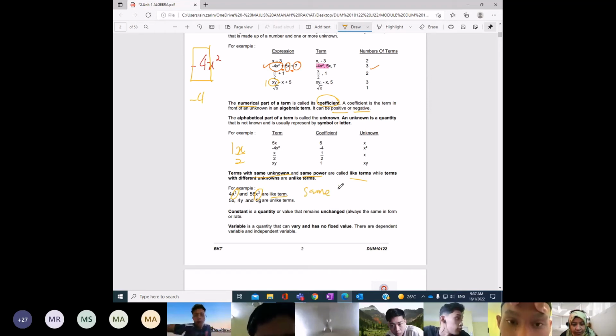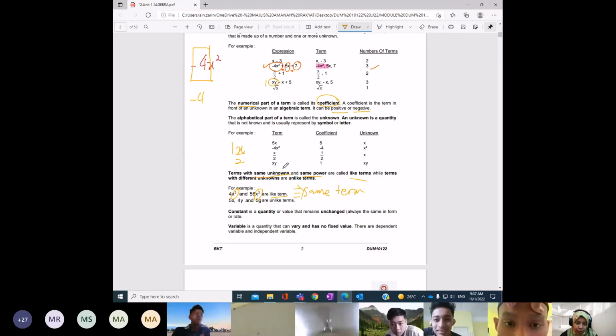Okay, another word for like term is same term. Tapi kita tak guna this word lah. I just want to make it familiar to you. I just want you to understand that like terms adalah same term. Same term maknanya nampak macam sama tapi sebenarnya memang tak sama jugalah. Tapi nampak dia sama sebab dia punya unknown sama, dia punya power pun sama. You have to make sure that the power and the unknown are the same.